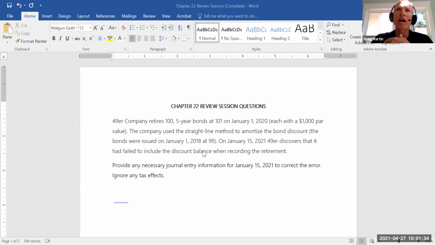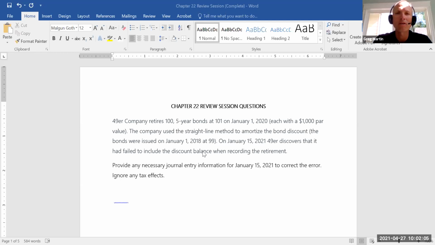It requires you to visualize what journal entries might have looked like and what mistakes might have been made and where that would show up. There are two parts you have to understand: one is the journal entry part, and the other is the financial statement part. I have two problems that relate to journal entries today, two problems that relate to the financial statements, and they're very similar to the ones that you might see on a test.